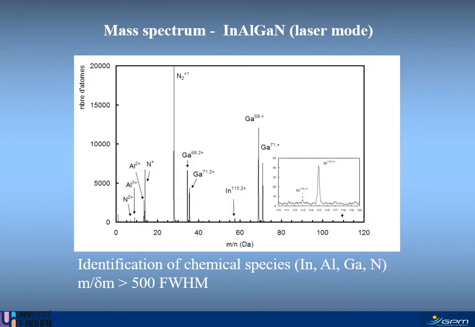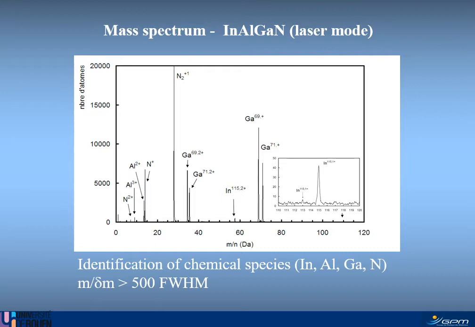So typically, this is a mass spectrum of a semiconductor containing indium, aluminium, gallium, nitrogen. And here what we have is the number of ions that we detected as a function of the mass to charge ratio, M over n, where n is the ionization state: n equal 1, 2, 3, if this is a 3 plus ion. So clearly in this mass spectrum you can identify all the chemical species.